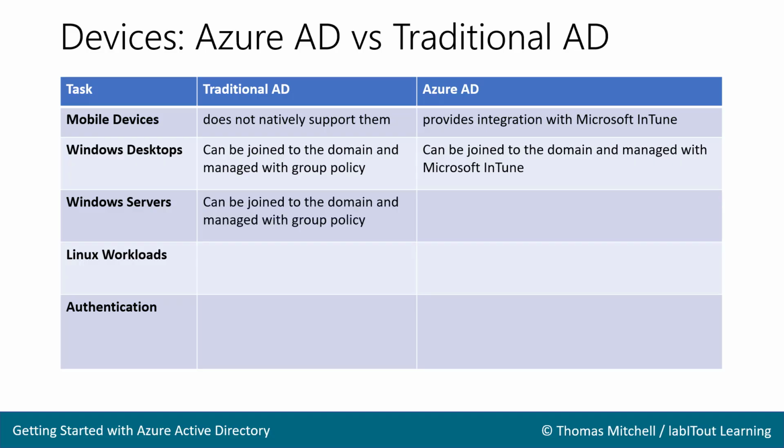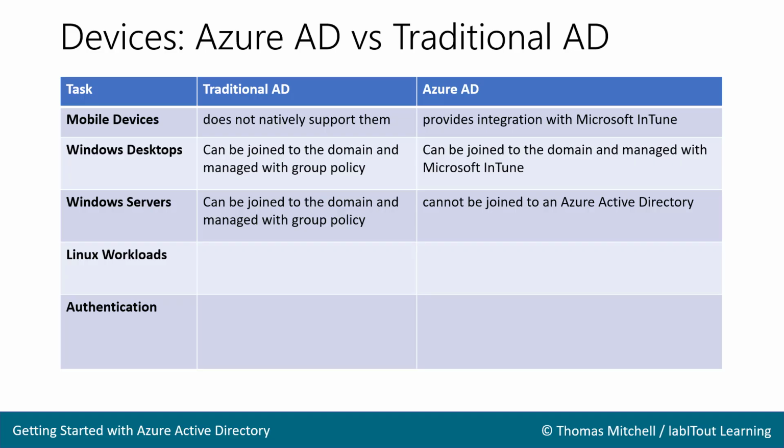Windows servers can also be joined to a traditional Active Directory so that they can be managed via group policy and other solutions. Now, this differs a bit for Azure Active Directory because while Windows virtual machines in Azure can be managed with Azure AD Domain Services, on-prem Windows servers cannot be joined to an Azure Active Directory. We'll cover Azure AD Domain Services in a little more detail later on.